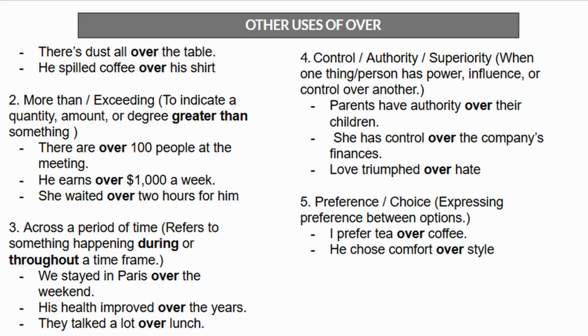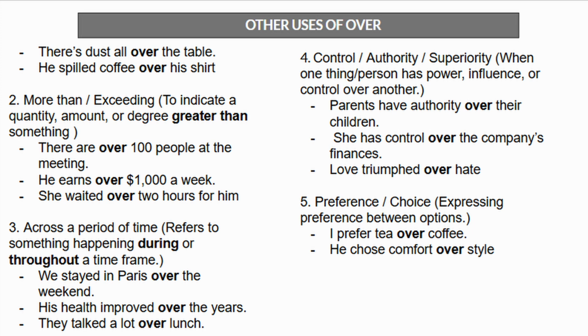When we say this, it means we have, for example, 110, 120, 102, and so on. The number exceeds the mentioned number, which is 100. It means we do not have only 100 people, but there are more.